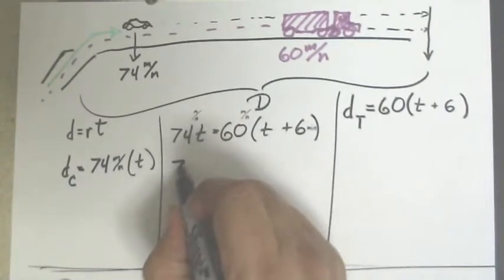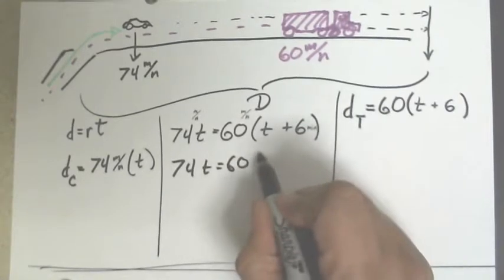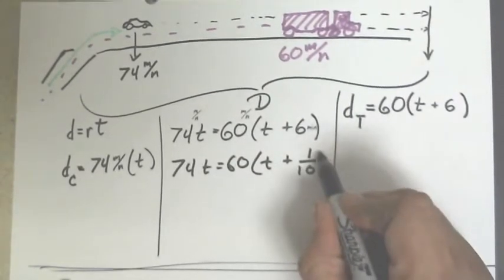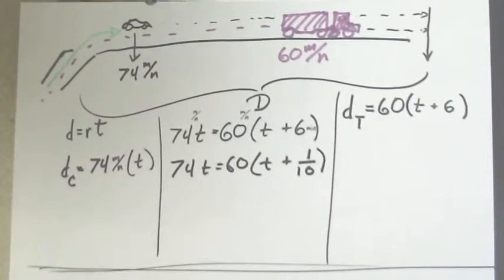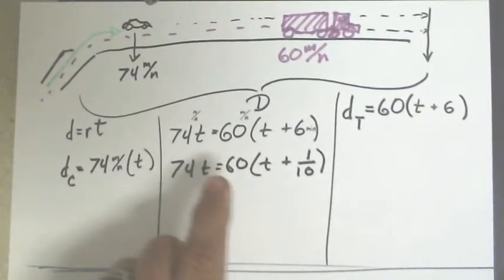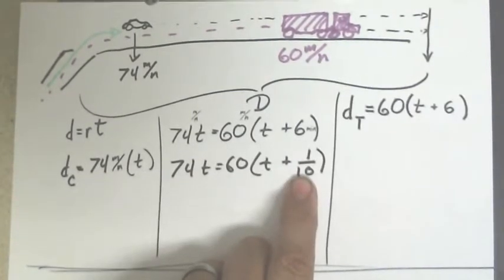So if we turn this into 74t equals 60t plus 1/10, now everything is in hours. We've got the speed of the car times its time, the speed of the truck times its time, plus its head start. Its head start was an extra 1/10 of an hour, or 6 minutes.